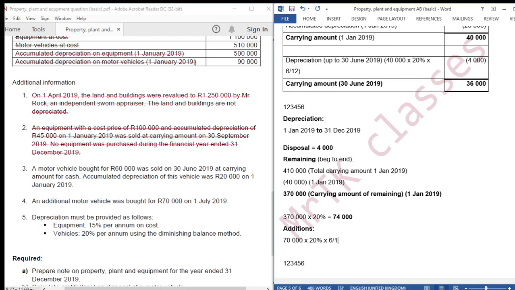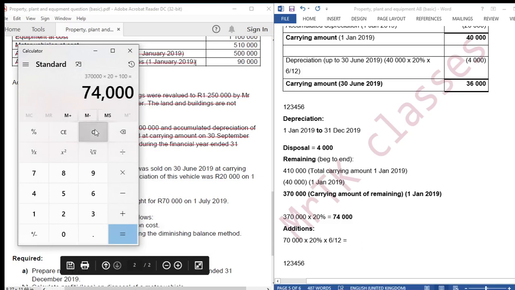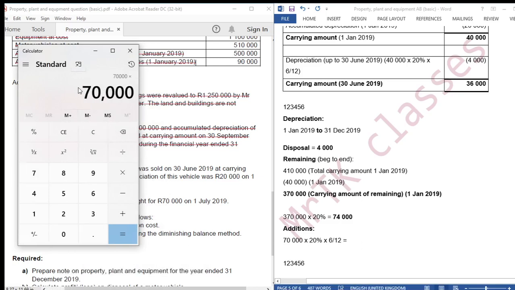So this is going to be 6 over 12. 70,000 multiplied by 20% multiplied by 6 over 12 is 7,000. This is our depreciation for the year.